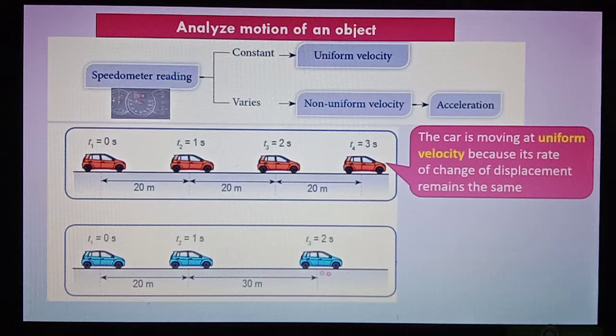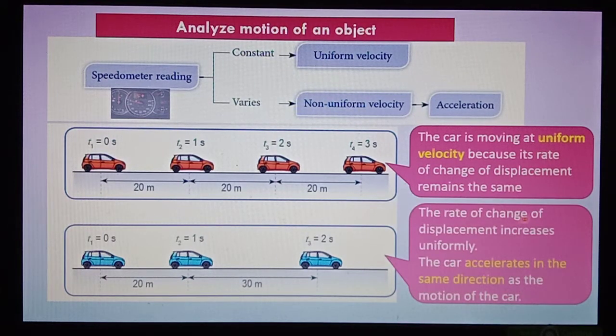Second situation. You can look at this car from the initial point t1 equals 0 seconds. After 1 second, it travels 20 meter. After another 1 second, it travels 30 meter, meaning the displacement increases in the same time taken. So what can you say about the motion of the car? The rate of change of displacement increases uniformly.